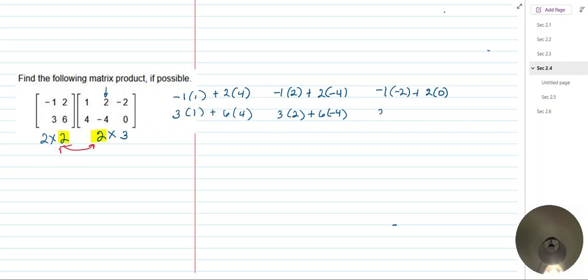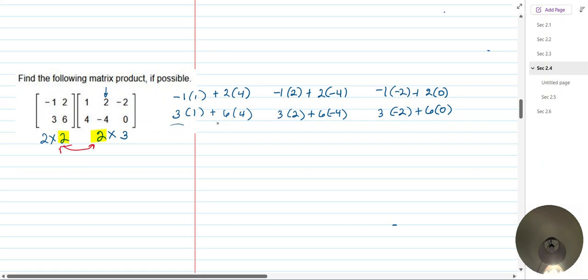Then I'm going to have a 3 times a negative 2 plus 6 times a 0. All right. So the row was 3, 6. And columns were 1, 4, 2, negative 4, negative 2, and 0.